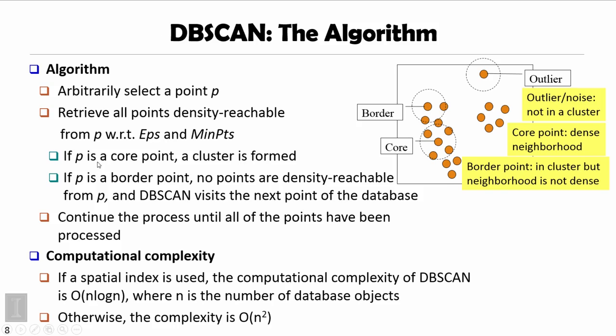If P is a core point, then the cluster is formed because from anywhere you finally can reach it. But if P is a border point, like this one, then no points are density reachable from P. For example, like this point, no point can be density reachable, then you will think this one is noise or an outlier. Then DBSCAN will visit the next point in the database.